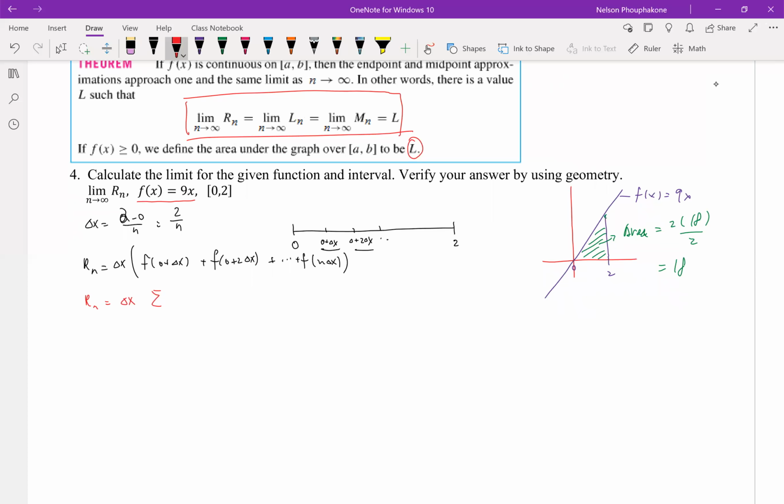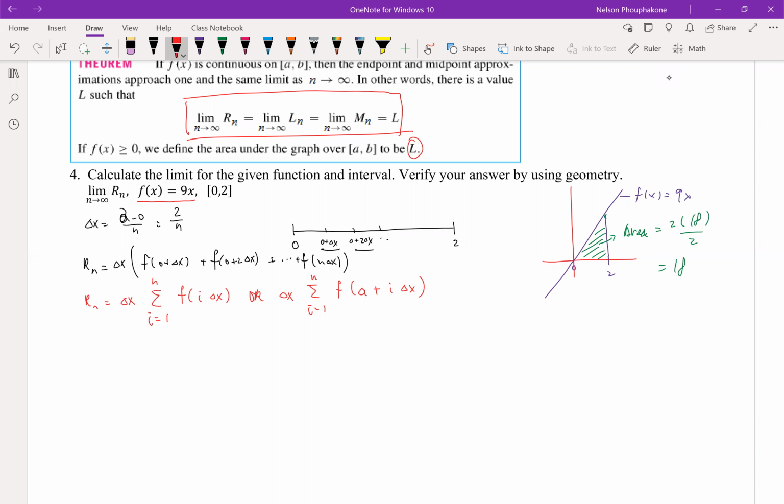Delta x times the summation i is from 1 to n of f of x sub i, or delta x times the summation i is from 1 to n of f of a plus i times delta x, where a is 0.